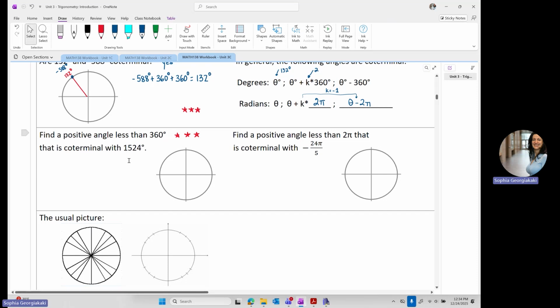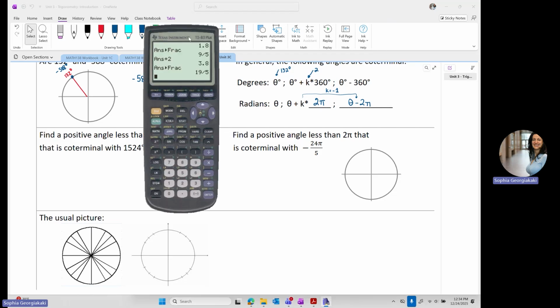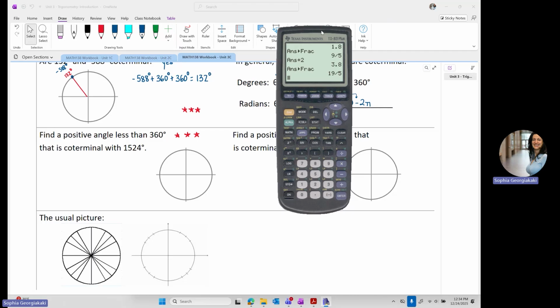With 1524. So what I'm going to do is I'm going to take my calculator and I'm going to do 1524 and I'm going to keep subtracting 360. Minus 360, minus 360. I'm still not within the circle, right?